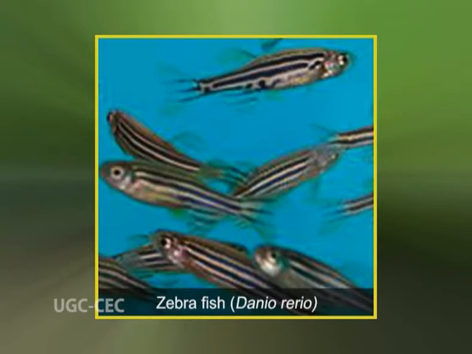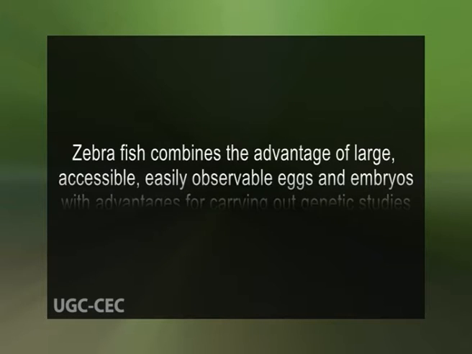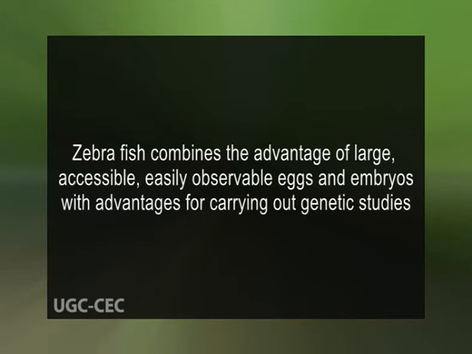The zebrafish Danio rerio was more recently chosen and developed because it has a unique combination of advantages. It combines the advantage of large, accessible, easily observable eggs and embryos with advantages for carrying out genetic studies, that is, ease of breeding in the laboratory, and a small simple genome.